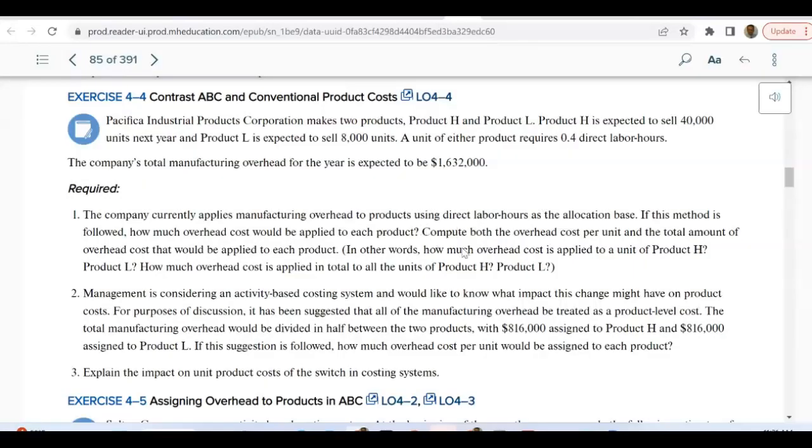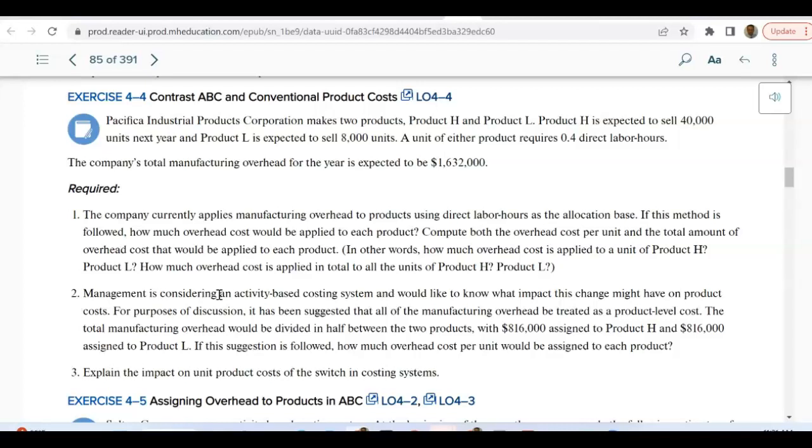Because it's the same direct labor hours. Compute both the overhead cost per unit and the total amount of overhead cost that would be applied to each product. In other words, how much overhead cost is applied to a unit of product H and product L, and how much is applied in total to all units of product H and product L.